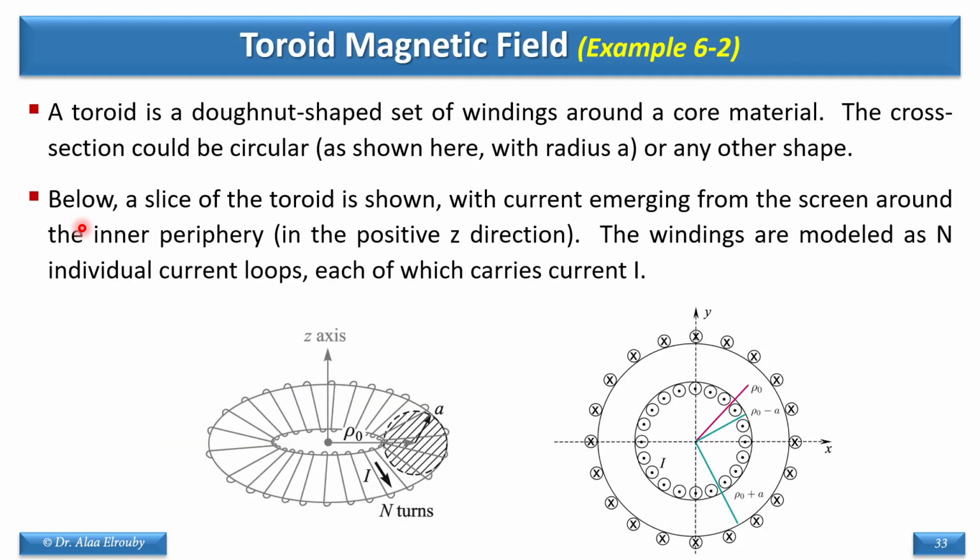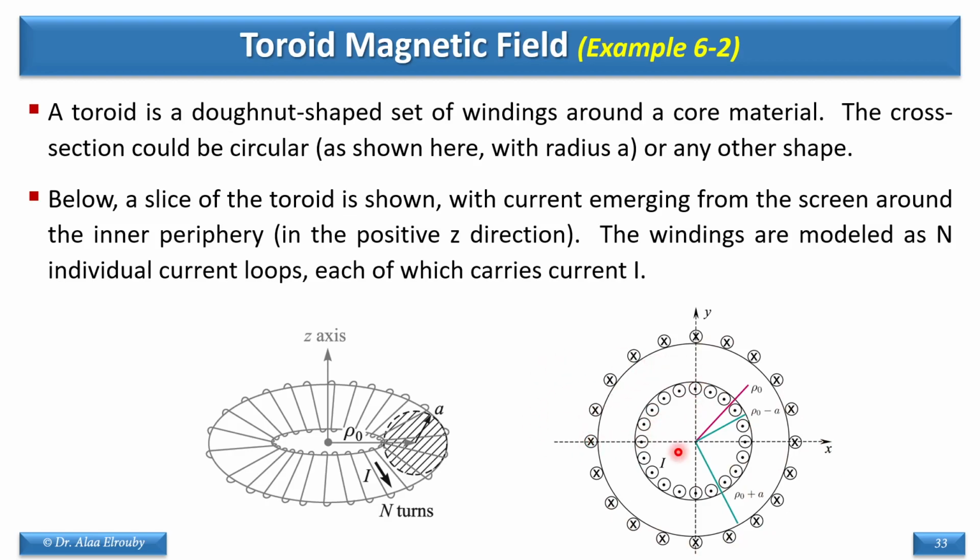Another example is the toroid. The toroid is also some sort of coil, but it is wrapped on a circular core. It is some sort of donut shape, and we have a winding around it.